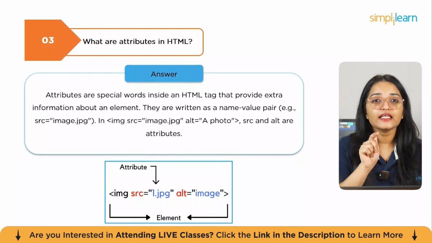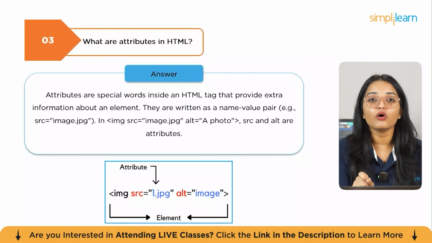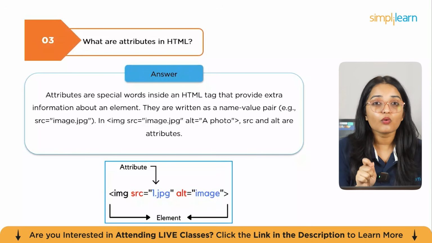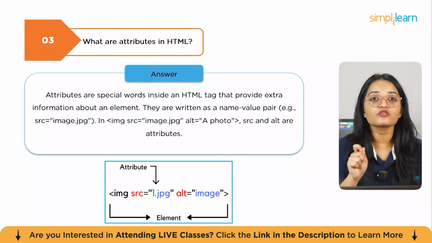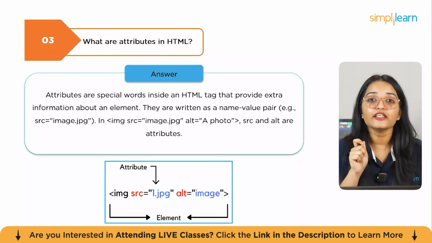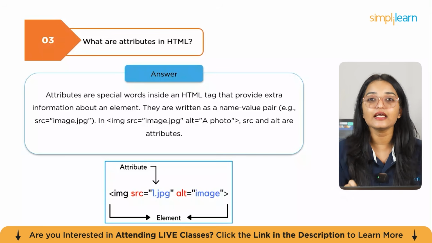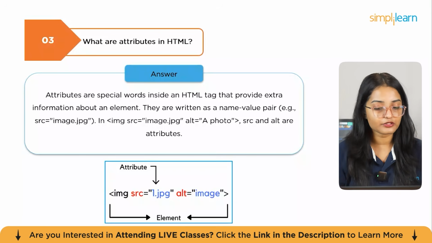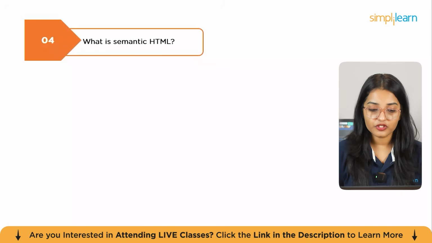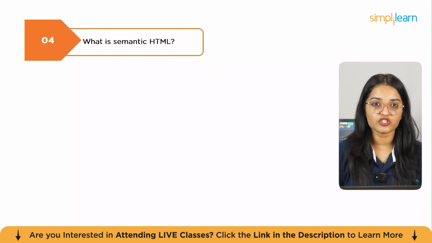Now here, the src, the source, and alt are the attributes. The source attribute specifies the source of the image file, and the alt attribute provides alternative text for accessibility and in case the image cannot be displayed. Really simple to answer. Let's move on to our fourth question, which is, what is semantic HTML?